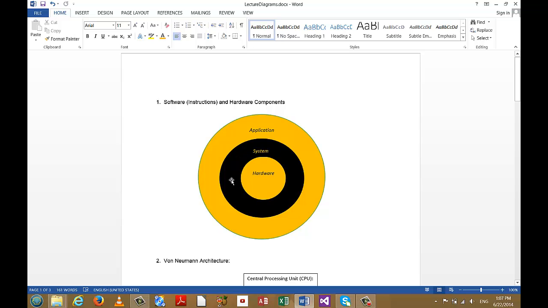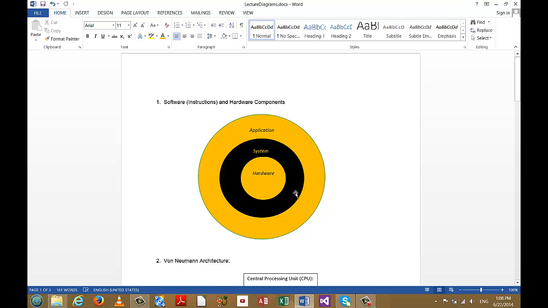One collection of software or instructions is known as the system layer or the system software instructions. And these include the program instructions that are contained in the operating system. So if you have Windows 8 installed on your computer, then that would be instructions that in a logical way interface directly with the hardware, that controls the hardware, that optimizes the performance of the hardware, that protects the hardware from other malicious instructions.